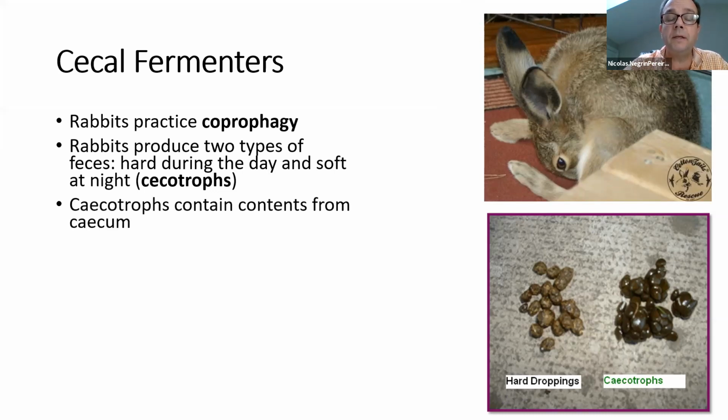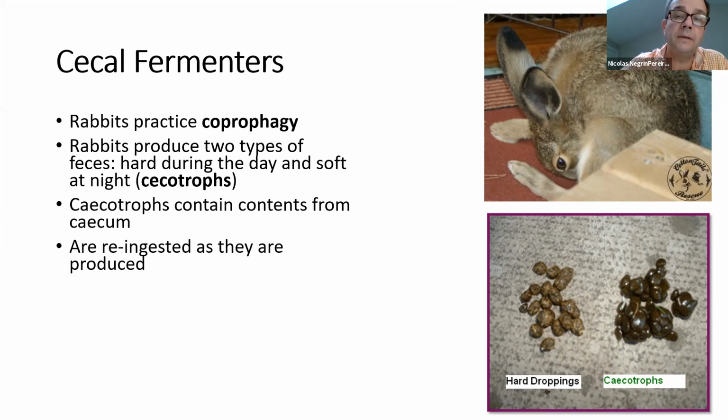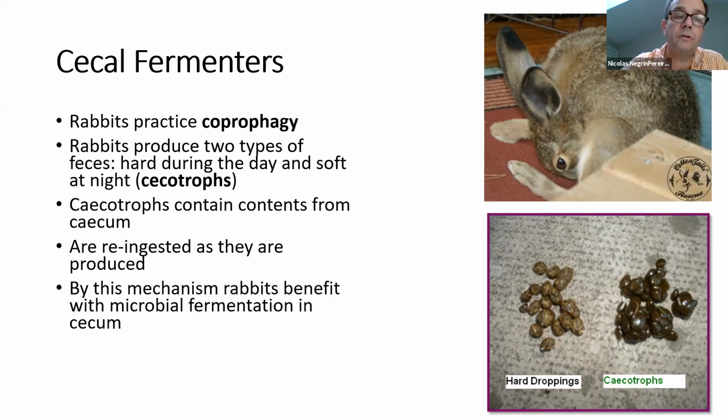They contain mainly content from the cecum, as different from the hard droppings that actually contain the content from the whole gastrointestinal tract. These are only from the cecum, and normally they are re-ingested as they are produced by the animal. You see the picture there, a rabbit eating its own cecotroph.